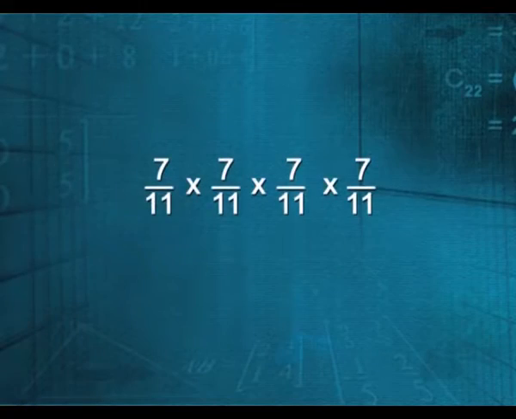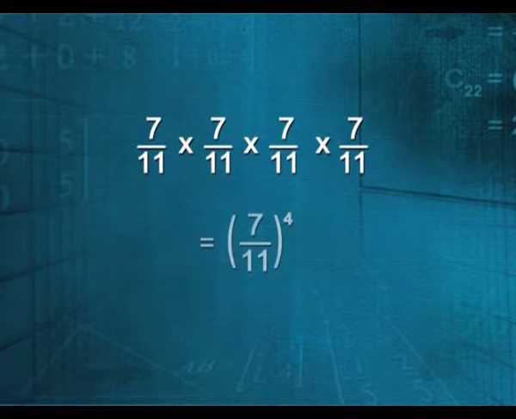Let us see some more examples. Suppose you have been given 7 by 11. 7 by 11 is multiplied to itself 4 times: 7 by 11 multiplied by 7 by 11 multiplied by 7 by 11 multiplied by 7 by 11. Now, what is the base of the number?